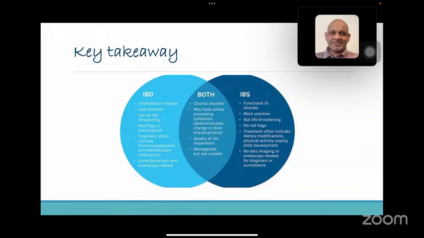And lastly, lab testing and endoscopy are needed to rule out or confirm inflammatory bowel disease, while no labs, imaging, or endoscopy are needed for diagnosis of irritable bowel syndrome. However, those tests are still important, as we already mentioned that irritable bowel syndrome is a diagnosis of exclusion. So we need to rule out all the other differential diagnoses before we say this is irritable bowel syndrome.